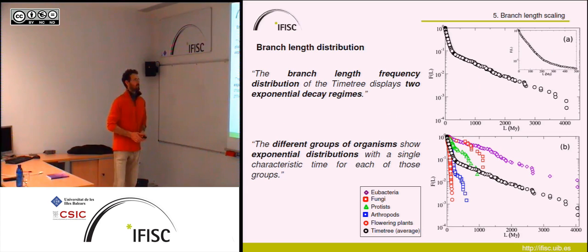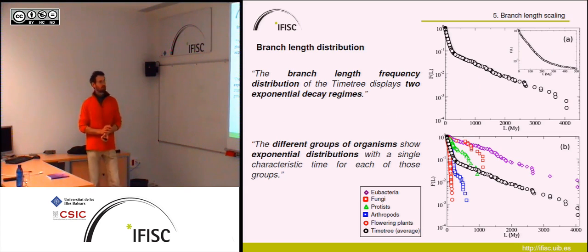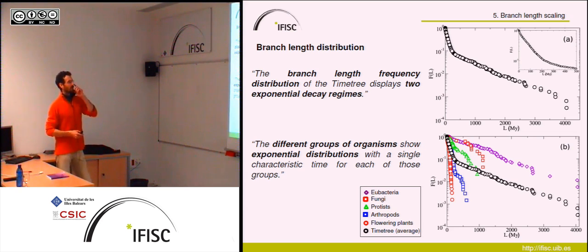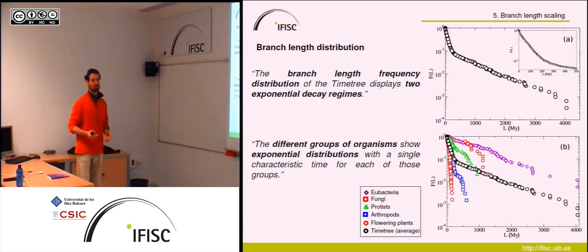And the first characterization that we did was the branch length frequency distribution, and for this we analyzed the complementary cumulative distribution function of the branch length in millions of years. And what we observed was that this distribution displayed two exponential decay regimes with an inflection point between 200 and 300 million years of length.